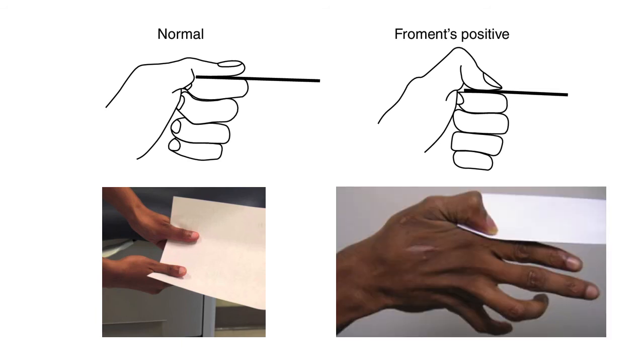Now this is the classical example of Froment's positive. Here the patient is holding the paper by the action of median nerve that supplies the flexor pollicis longus and not by the action of ulnar nerve because adduction of the thumb is lost. This is called Froment's positive, and here the key pinch will be weak.